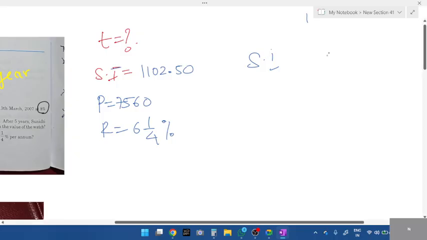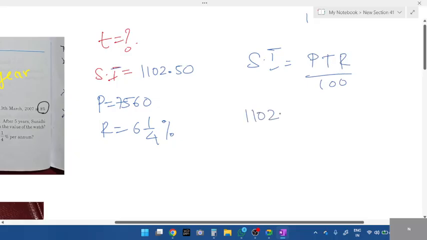Tell me the simple interest formula. Solve this question, students. All of you will try this question. PTR by 100. So simple interest is 1102.